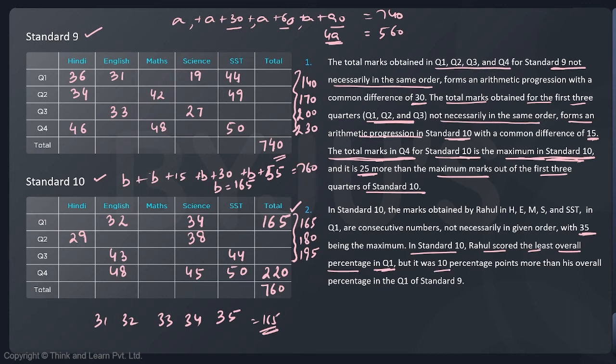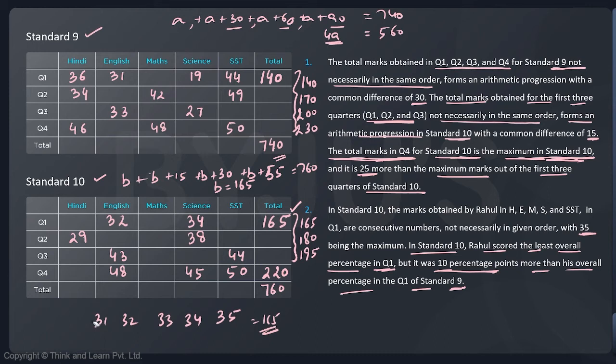But it was 10 percentage points more than his overall percentage in quarter 1 of standard 9. If it is 10 percentage points more, can I say in quarter 1 of standard 9 it should be 140? Because the difference between them would be 25, and out of 250 are all the scores, and the 25 is 10 percentage. So that proves that it is 10 percentage points more than the overall percentage of that particular quarter. So this also we have used now.